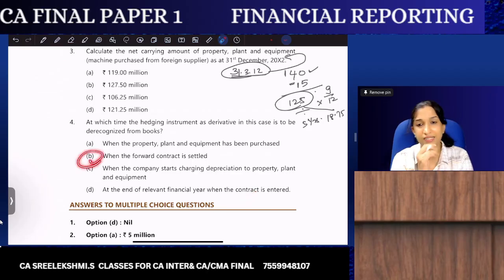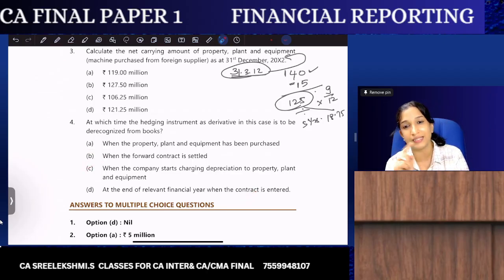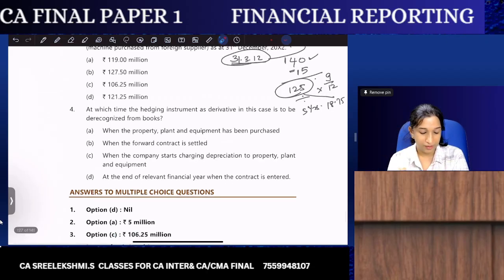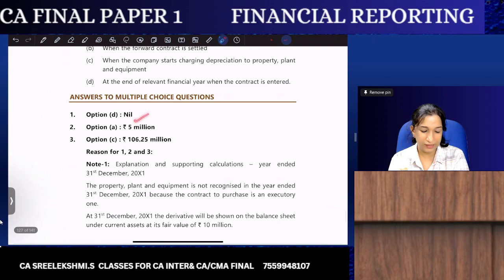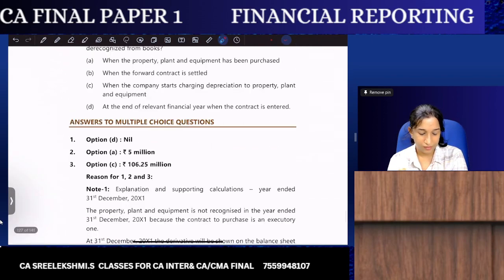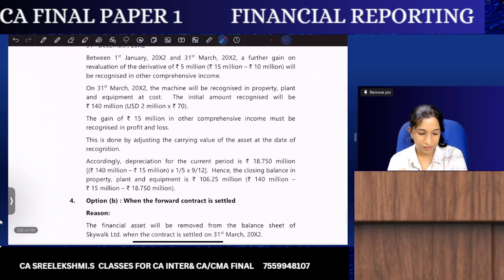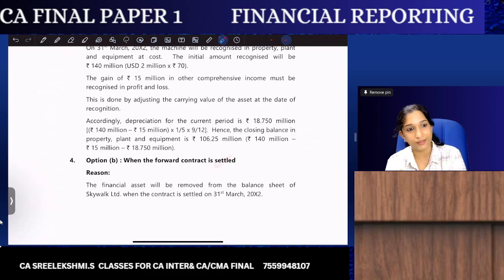When the forward contract is settled is the correct answer. When that forward contract, the hedging instrument, is settled, then it will not come in the books. Okay, so nil, 106.25. Fourth one: when the forward contract is settled.